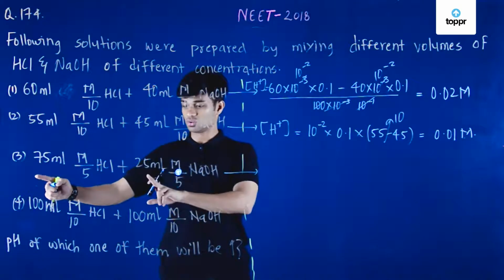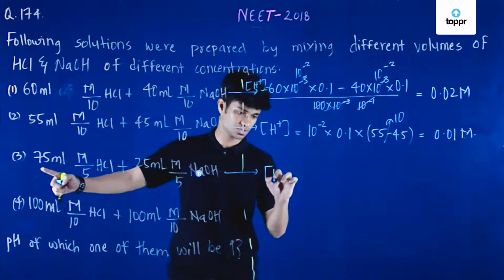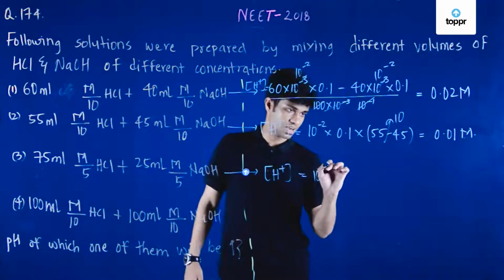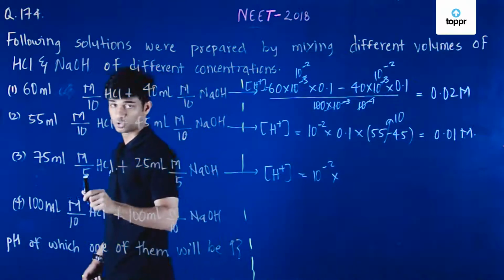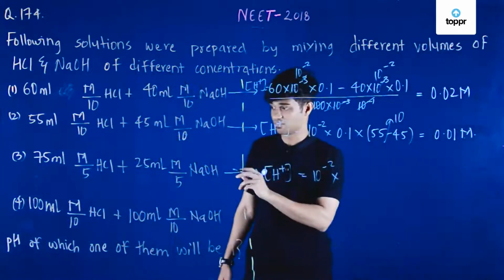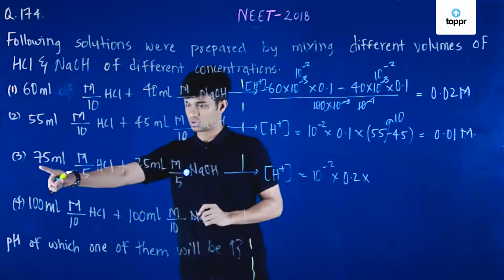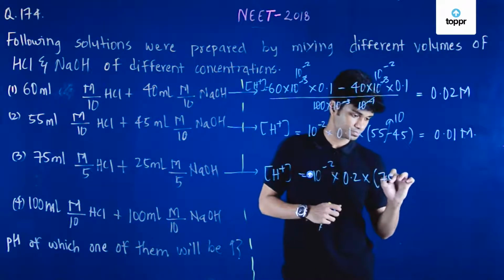Once again, the total volume is 100 ml, so I'm going to have the same cancellations and I can write concentration of H+ is equal to 10 power minus 2 into, now mind you, this time my molarity is 0.2, that is 1 by 5. So it is 0.2 into the subtraction of 75 minus 25.